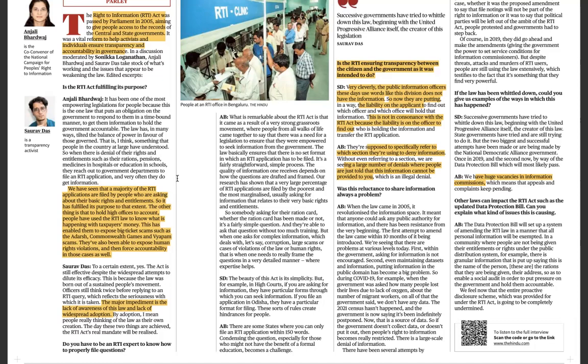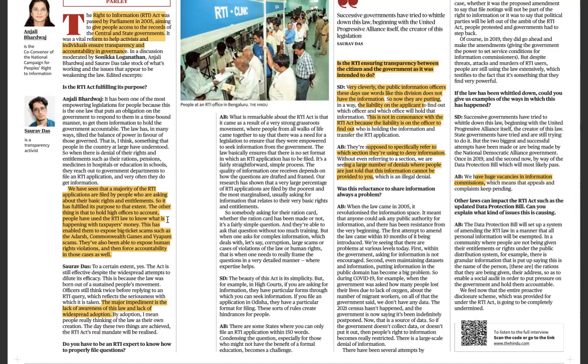And the other thing is that, to hold high offices to account, people have used the RTI law to know what is happening with taxpayers' money. And this has enabled them to expose the big ticket scams such as the Adarsh, Commonwealth Games, and Vyapam scams. So these were unearthed using RTI applications.